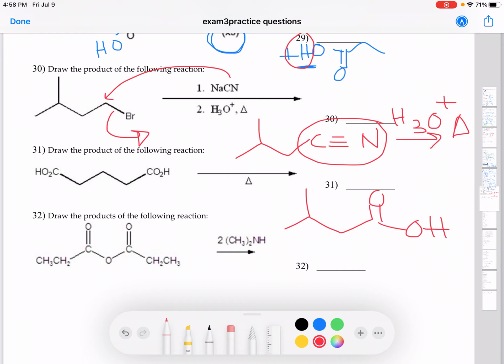Did I get the correct number of carbons? Let's see. 1, 2, 3, 4. 1, 2, 3. Missing a carbon, because we added the cyano group.